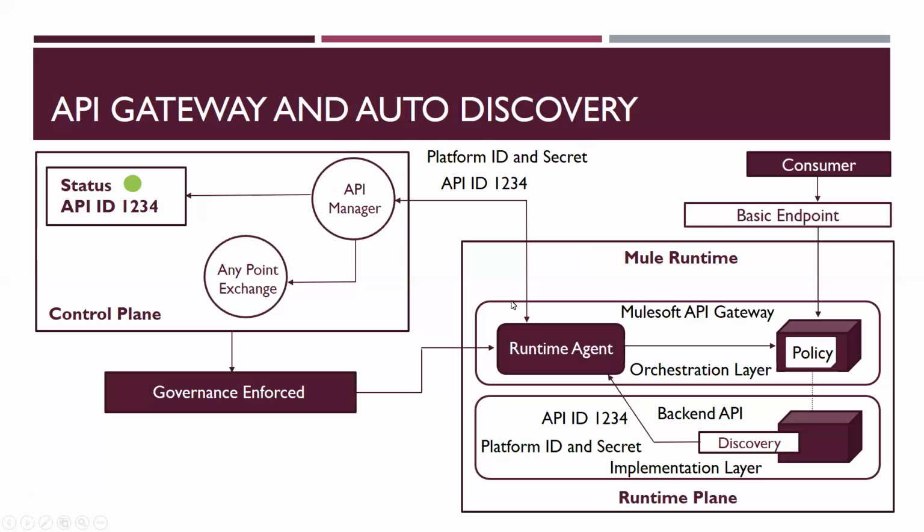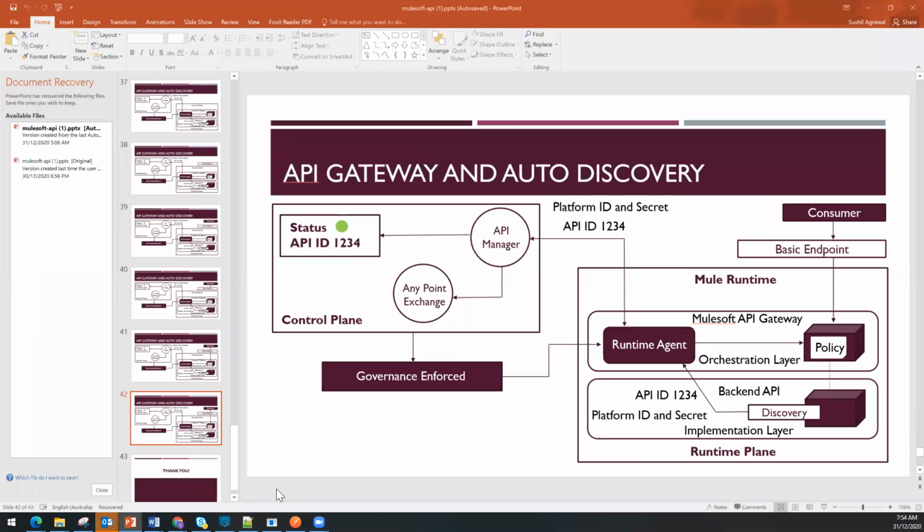So this is how API gateway and auto discovery work. I will show you how it works in Anypoint Platform, so you guys can do some practicals. Let me log into my Anypoint Platform.